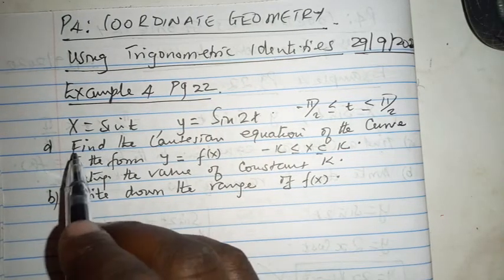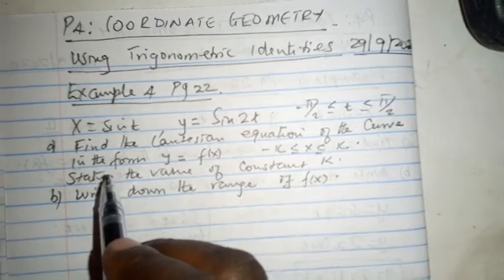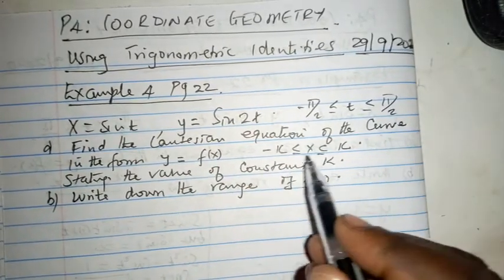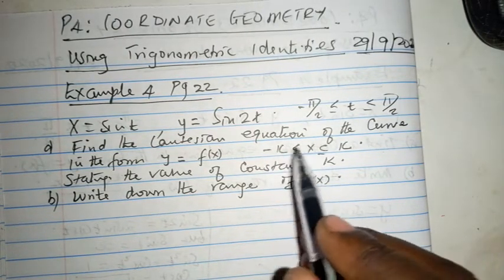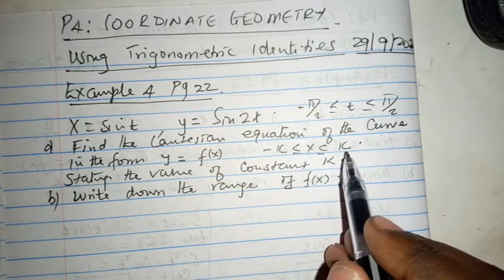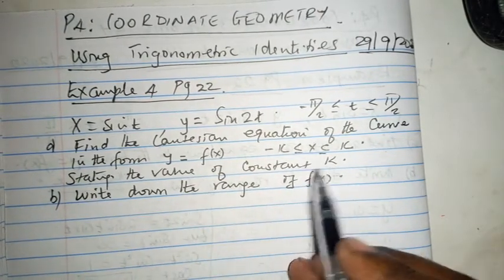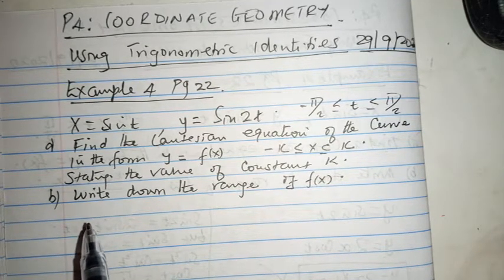The first part of the question expects us to find the Cartesian equation of the curve in the form y equals f(x), with x ranging from negative k to k, and stating the value of the constant k. Part B of the question is to write down the range of f(x).